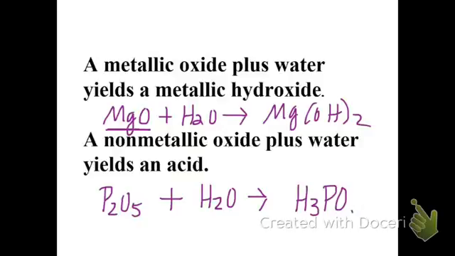You can put a little X there if you want. I'm going to balance my phosphorus by putting a 2 right here. And that means I have how many hydrogen? 6. So I need to put a 3 right there. Now how many total oxygen do I have over here? 8. So that means that X has to be what? 4.